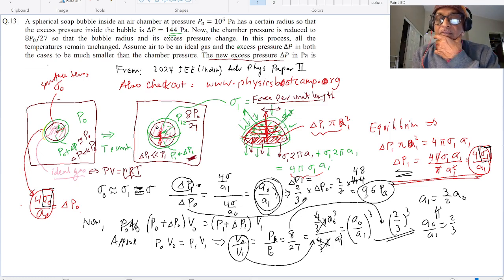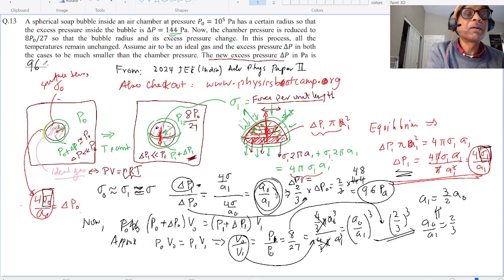So I got 96 Pascal. I hope I didn't make some mistakes here, but this looks correct, 96. So the answer is 96.